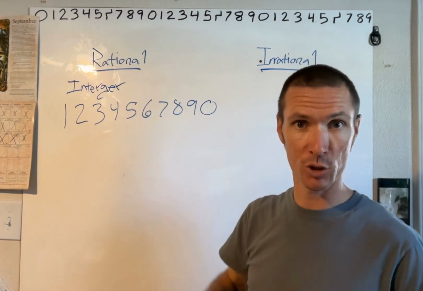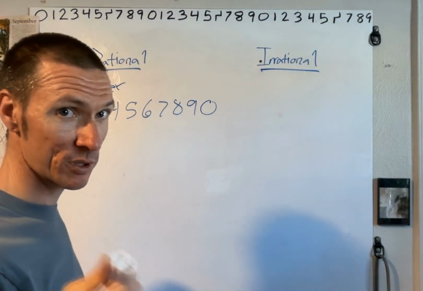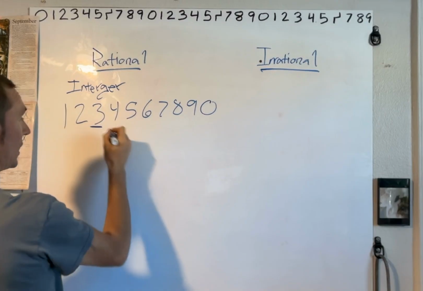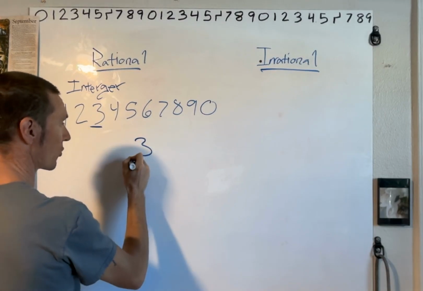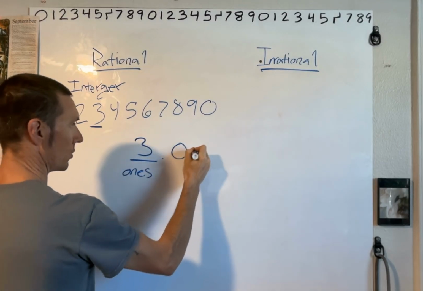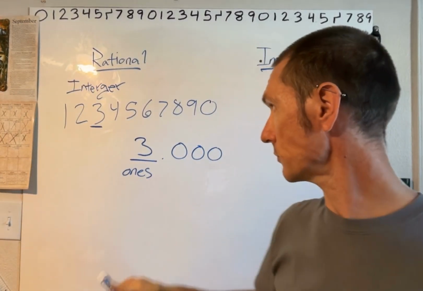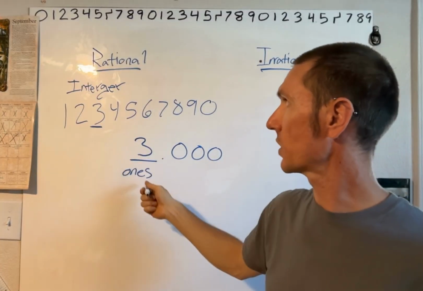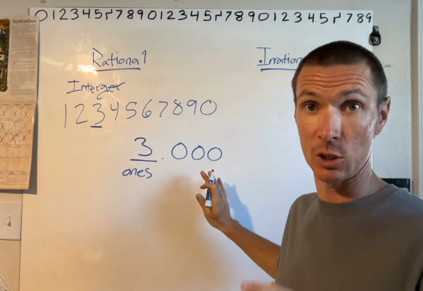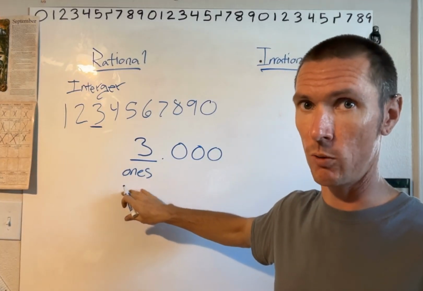And each of these numbers is a whole number, meaning that in our base 10 decimal system, the 3 has a 3 in the ones place with nothing behind it, right? So these are whole numbers because they are not broken up into anything. It is in the ones place, it's whole.